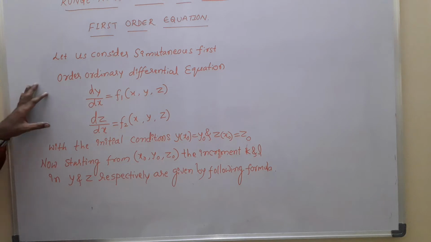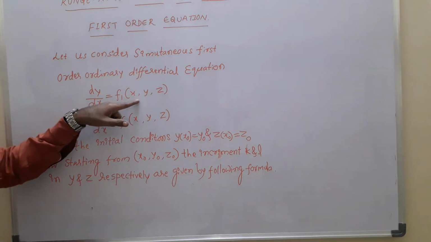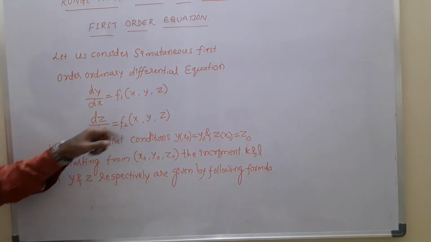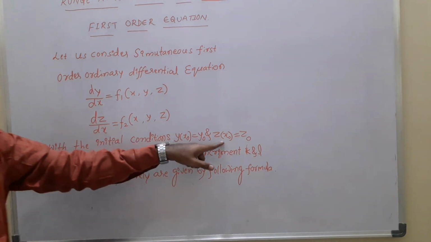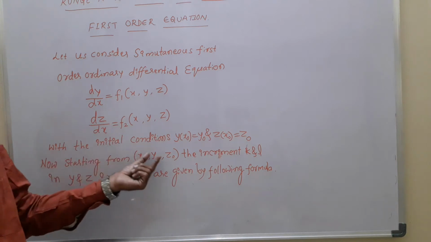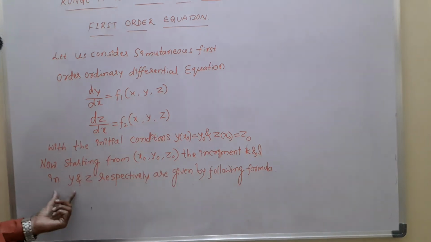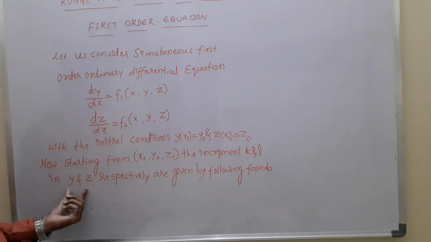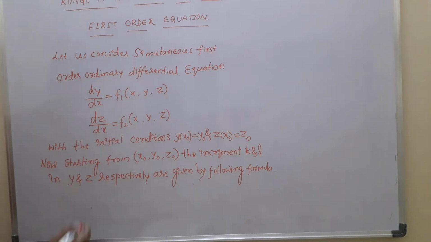So this is the simultaneous first order equation, dy by dx equal to f1 x comma y comma z and dz by dx equal to f2 x comma y comma z with the initial conditions y of x naught equal to y naught and z of x naught equal to z naught. Now starting from x naught, y naught, z naught, the increments k and l in y and z respectively are given by the formula.